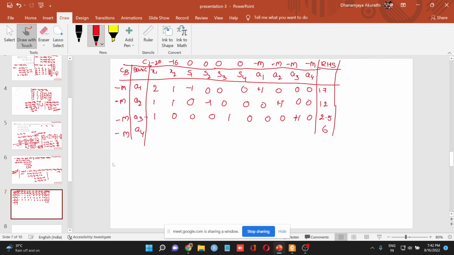And x2, s4 and A4. If these are the given entries, did I make any mistake here?